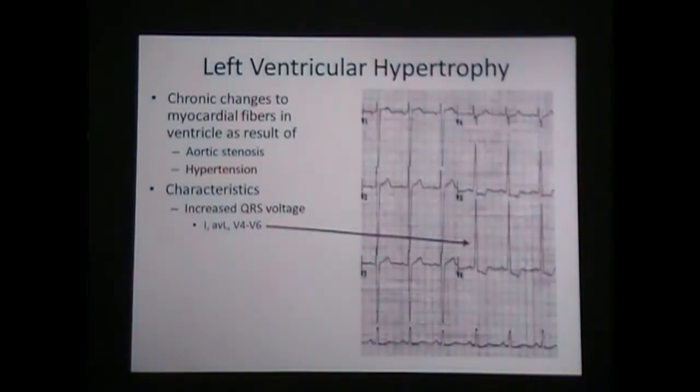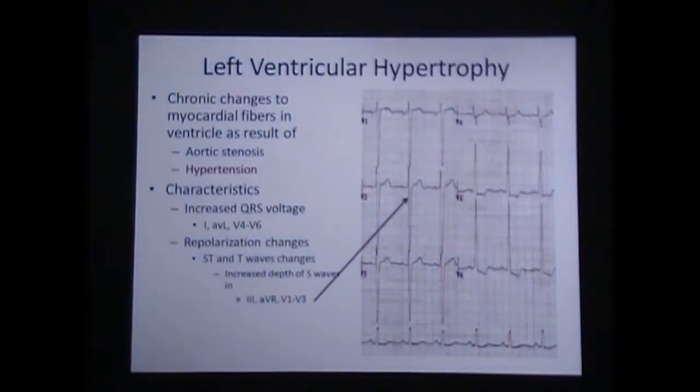And especially if I have it over here in V1. You'll have repolarization changes in the ST and T waves, and you'll have increased S waves in V1 through V3 over here. So you see all these have these really deep S waves, okay?